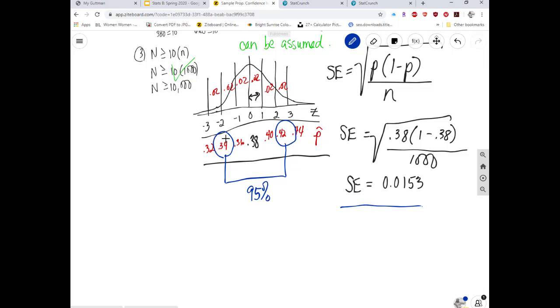But this 2 was also an estimate. So when we rounded the 2, positive or negative, we are also contributing to error. We're lacking precision. So I'm going to go ahead and keep the standard error precise by not rounding it.